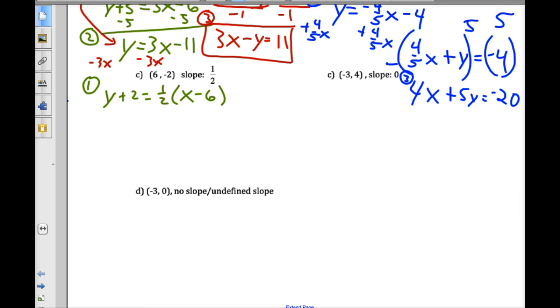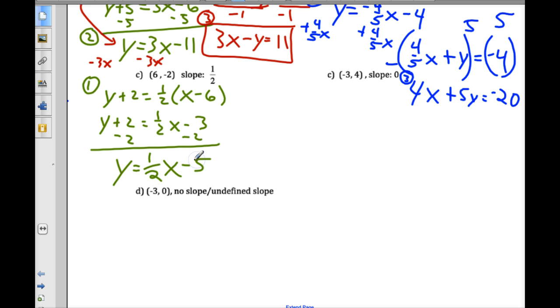Distribute your half and subtract 2 from both sides. You get it right? 1/2 x minus 5? Sweet. Okay, there's equation number 2.